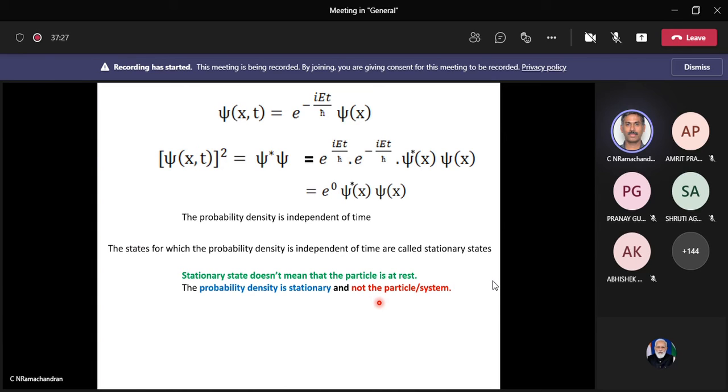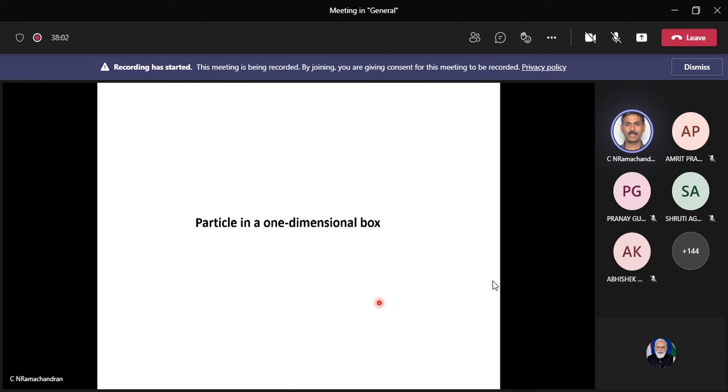I'm telling that probability density is there and probability density is here also. So stationary state doesn't mean that the particle is at rest. It is just telling that the probability density is stationary and not the particle or system, because the particle cannot be at rest, as that would be a violation of the uncertainty principle. So for a stationary state, if you take its mod square, the probability density, you will see that it is independent of time. That's only.